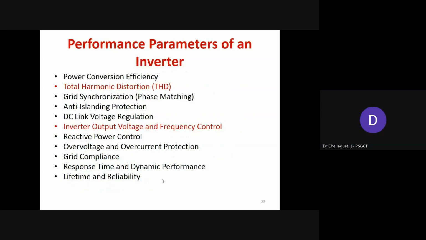Here I am going to concentrate only on how to control the total harmonic distortion, or what are the different methods available to control the harmonics injected into the power system network with the help of different control techniques, especially PWM techniques, and then how output voltage and frequency control is possible with the help of different applications.